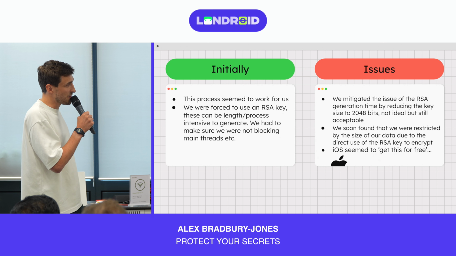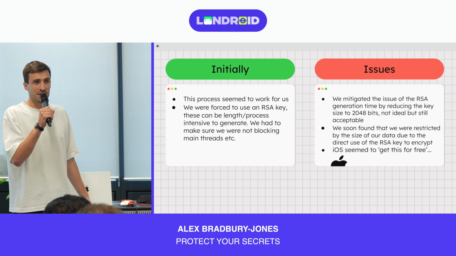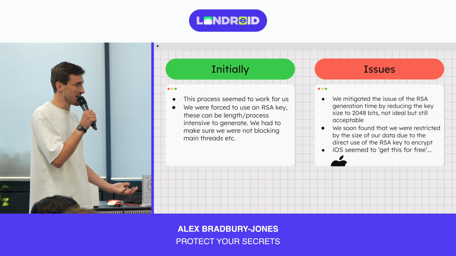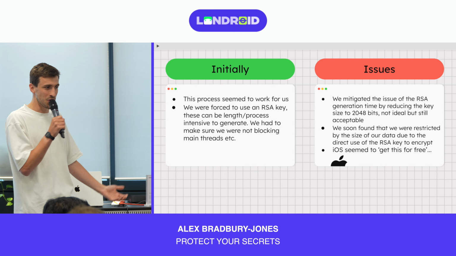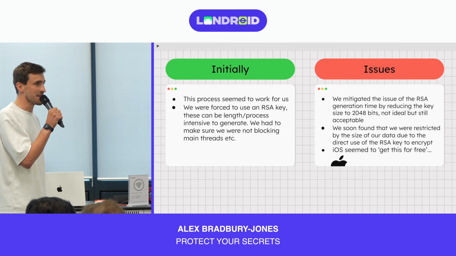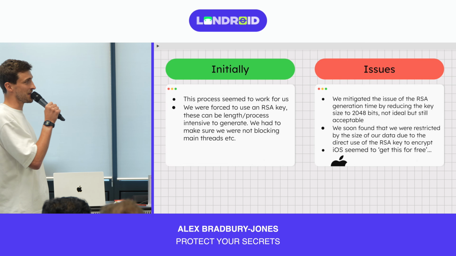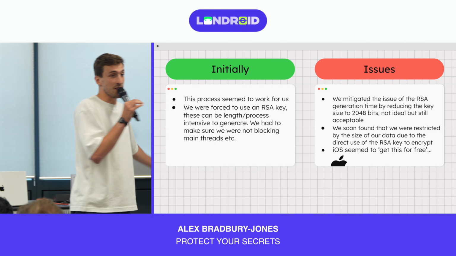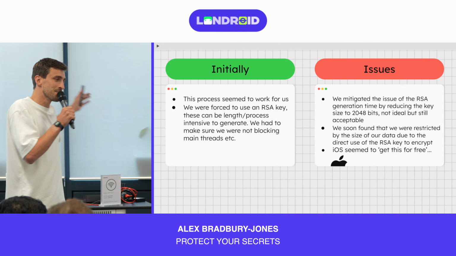So that was fun, trying to explain to product people why the size of our key was having an issue and that it was only on Android. And that was a time that I looked longingly over the aisle and thought, maybe iOS is the one. But anyway, obviously I'm still here, so that didn't happen.